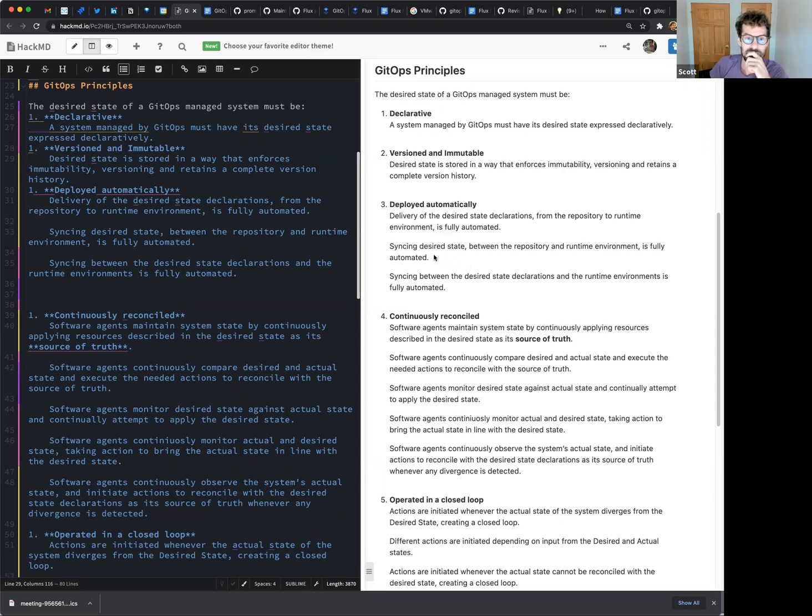That's the one argument principle 3 is making. That's the reason I'm inclined to agree with that last statement. It's not about where it's stored; where it's stored is principle 2. It's not about what does the reconciliation and when it happens, which is principle 4. It's not about the closed loop either, because that's principle 5. The one thing is that it's fully automated, period.